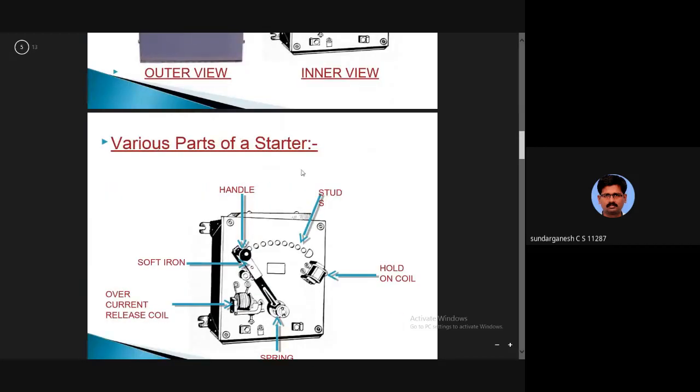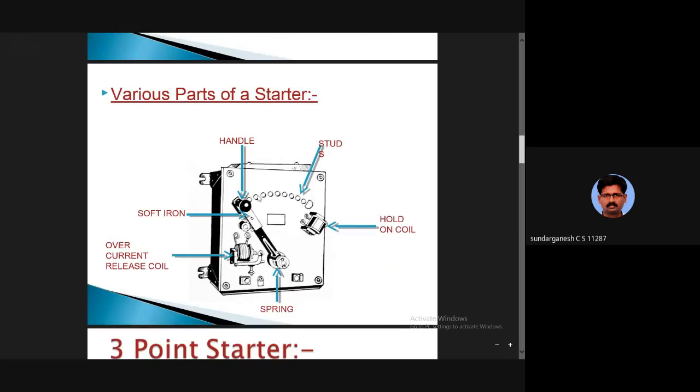What are the various parts of a starter? As I have told, there are studs, and behind the studs you have the resistances. This is a handle, used to move this iron piece, which is made of soft iron. This electromagnet we call the no-volt coil.